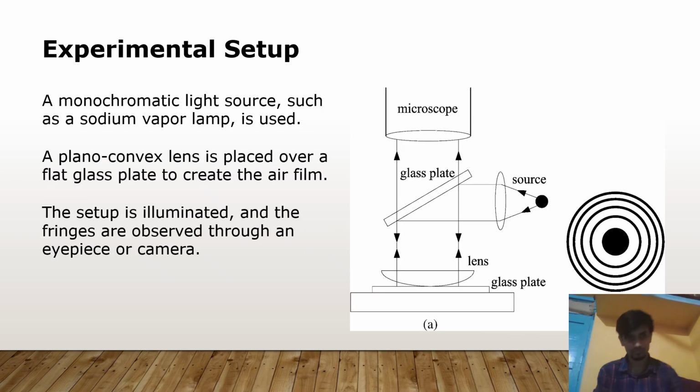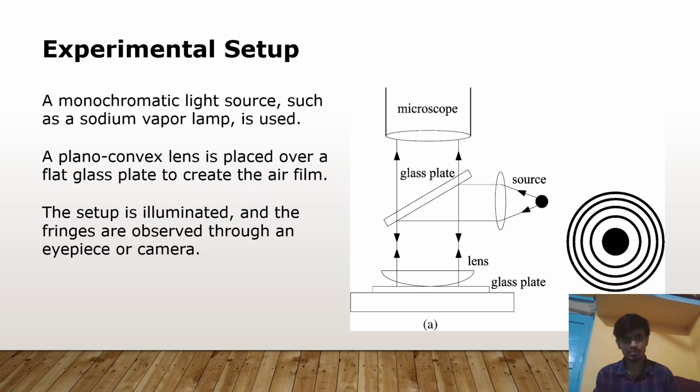Experimental setup. A monochromatic light source, which is a sodium vapor lamp, is used. A plano-convex lens is placed over a flat glass plate to create the air film.